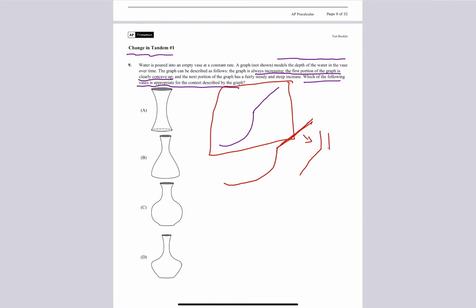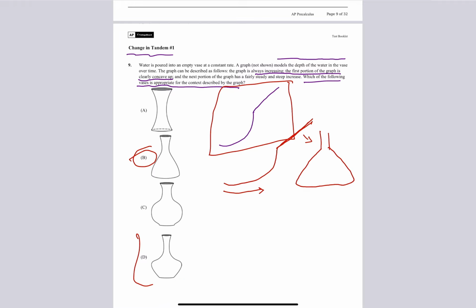It is thick at the bottom because it takes time to build up water. Which basically means it is, in fact, option B.